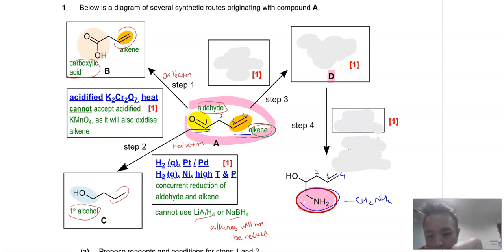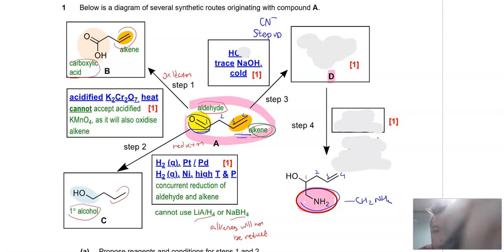When you look at compound A, what are the functional groups that can participate in a step-up reaction? Recall that step-up reaction involves CN minus, nitrile. In this case, it's only your aldehyde functional group that can react with CN minus, and we're doing a nucleophilic addition reaction.